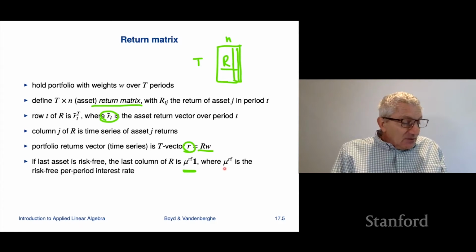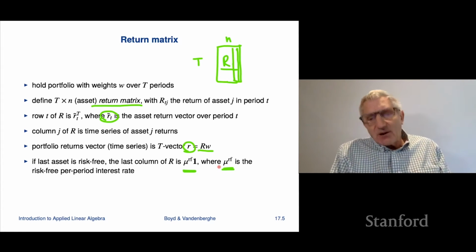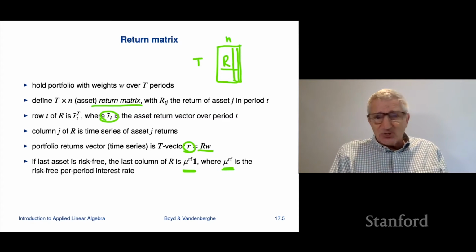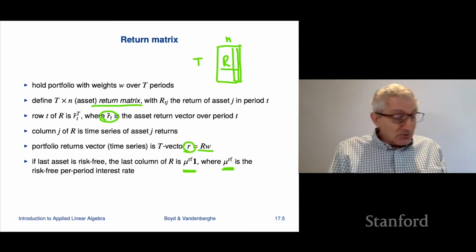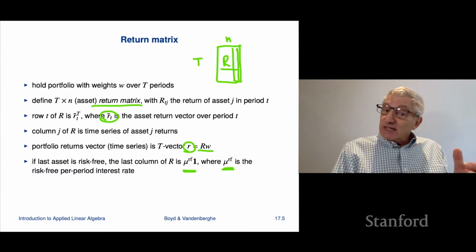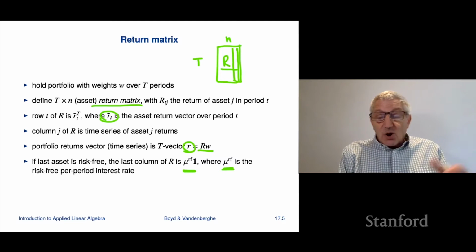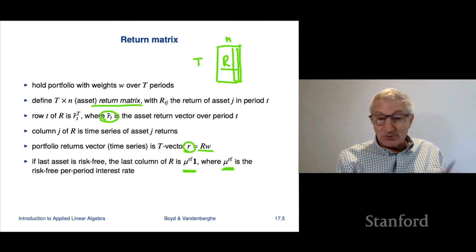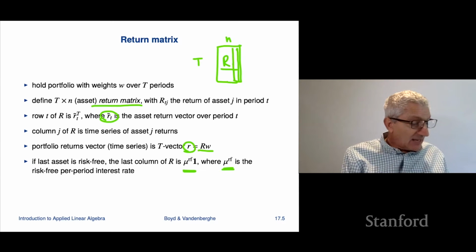But what it really means is it goes up. By the way, this is 2020, and interest rates are super low, so it might as well be 0, frankly. But in any case, the idea is that you get the interest rate, if it's daily, 1 day's interest, which is extremely small right now, but it's fine. That's called the risk-free per period interest rate.